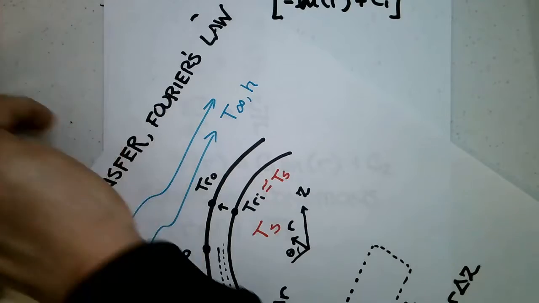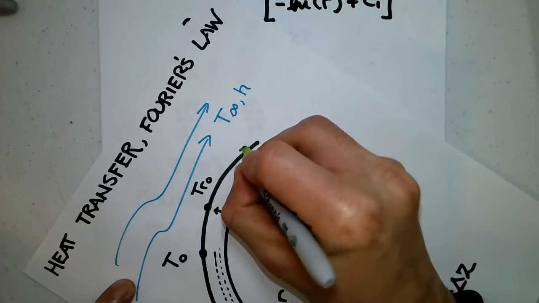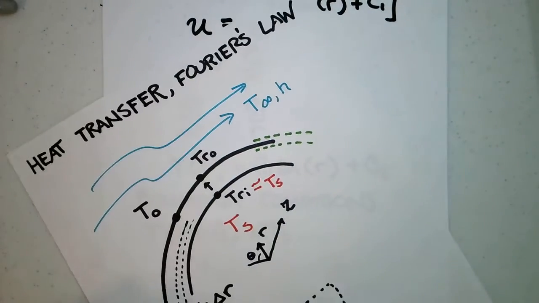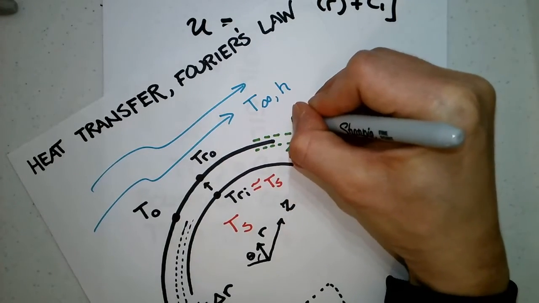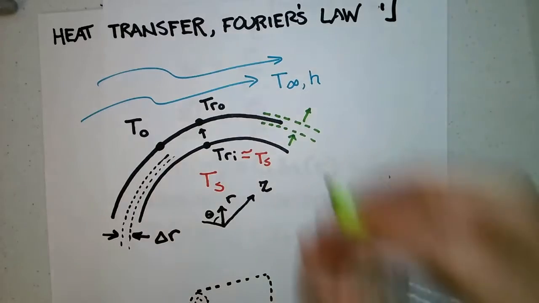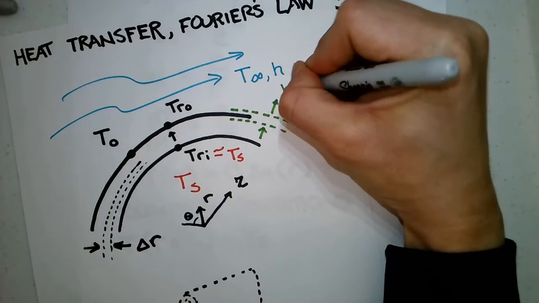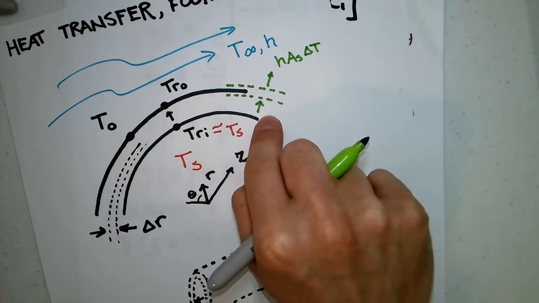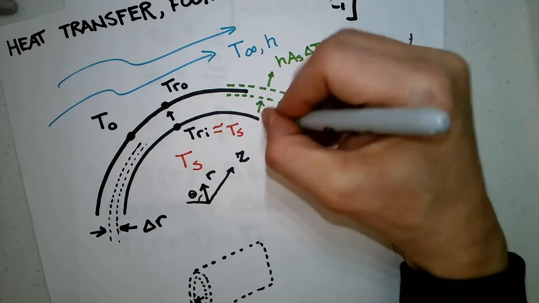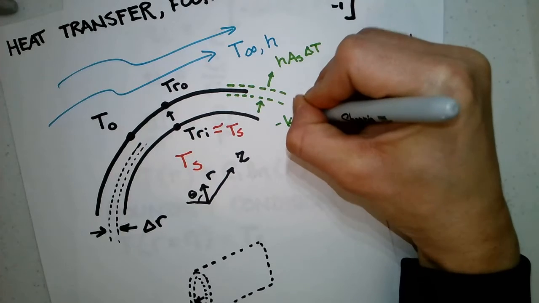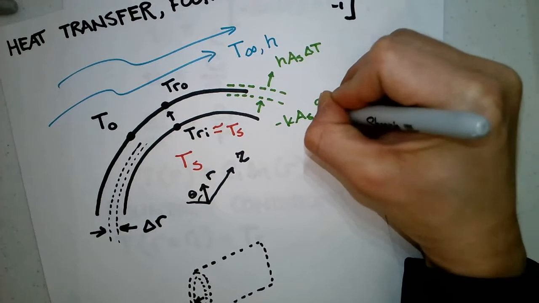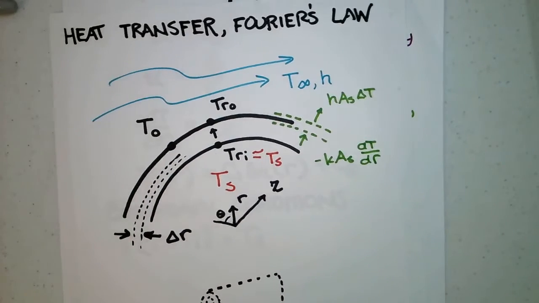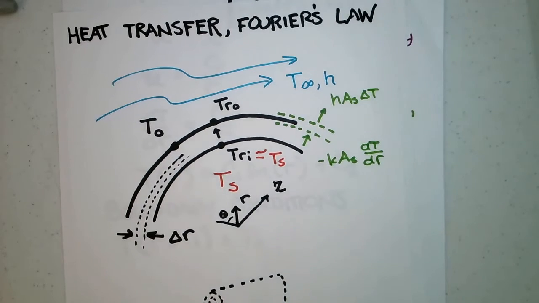We're going to put a thin boundary here and balance the convective rate equation, Q is h A_s delta T, with Fourier's law, with the diffusion through the material. Q is negative k A_s dT/dr.